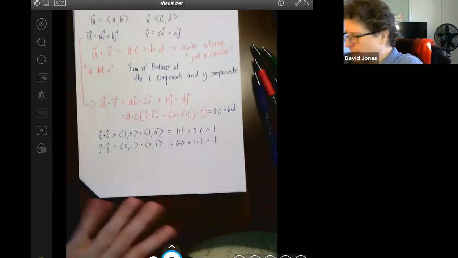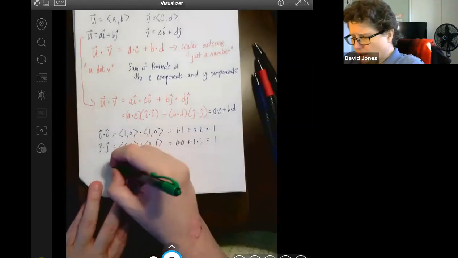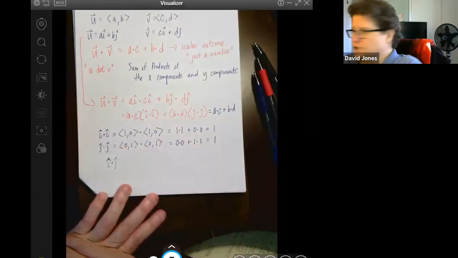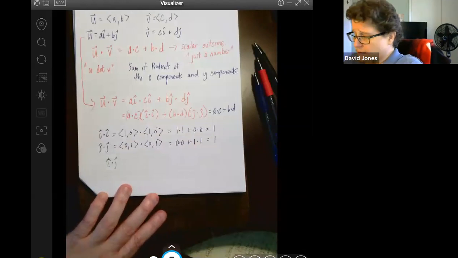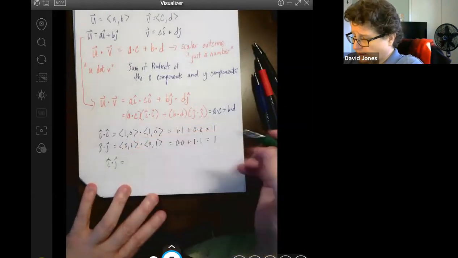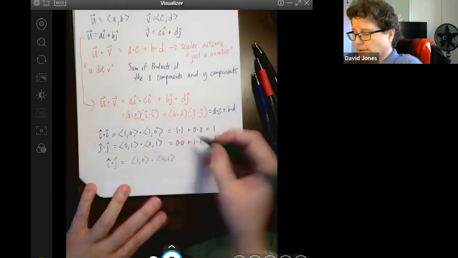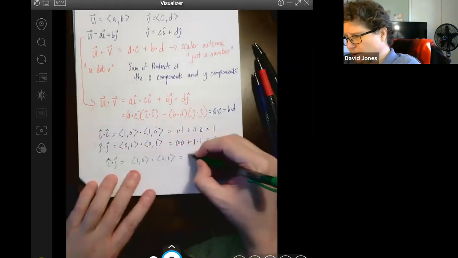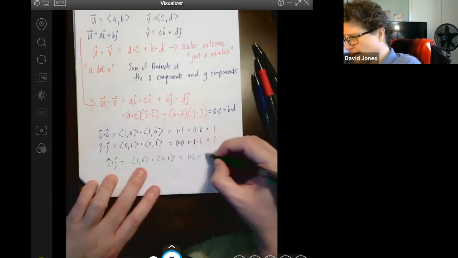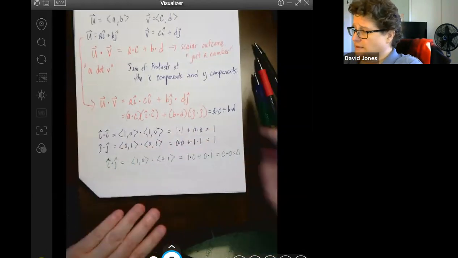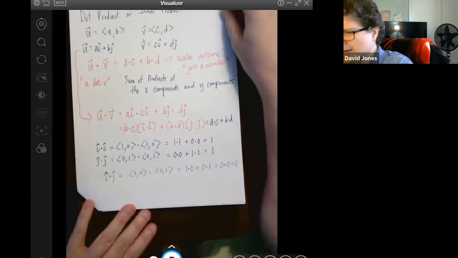You will find it's very interesting. What is I dotted with j? This leads to a very valuable concept of the dot product. 1, 0 dotted with 0, 1. We multiply the first two components and we add multiplying the second two components. 0 plus 0 is 0. What does that mean?